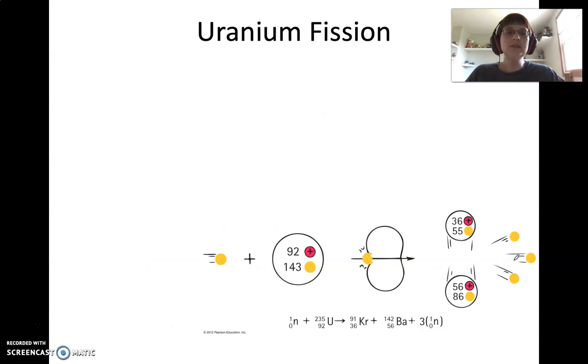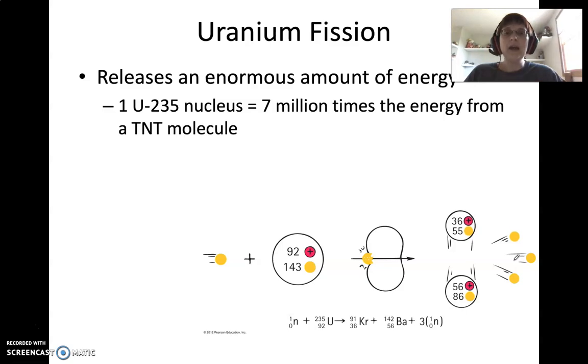So let's look specifically at uranium fission because this is the one that we harness right now. Because it releases a huge amount of energy. So one uranium nucleus of 235, so remember this is an isotope, so this is uranium-235.